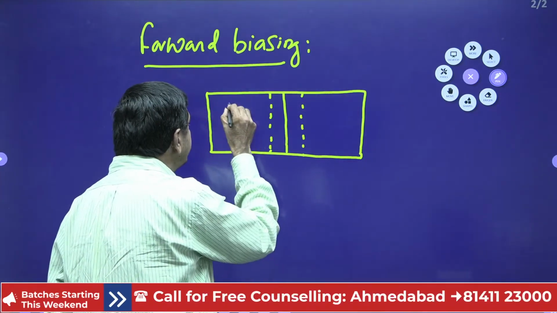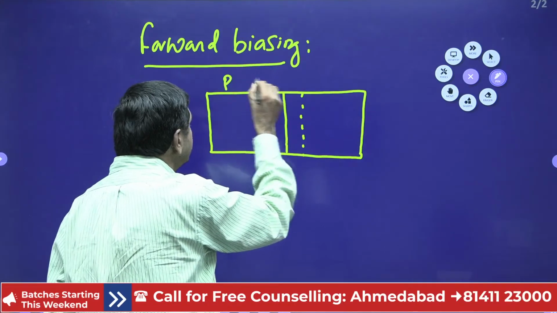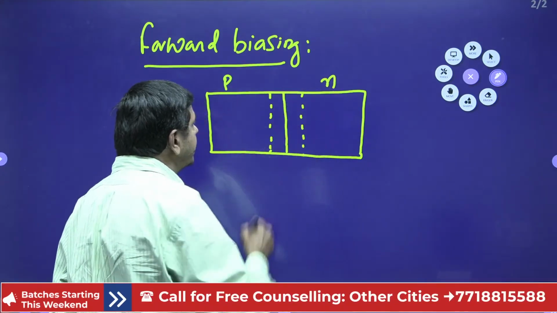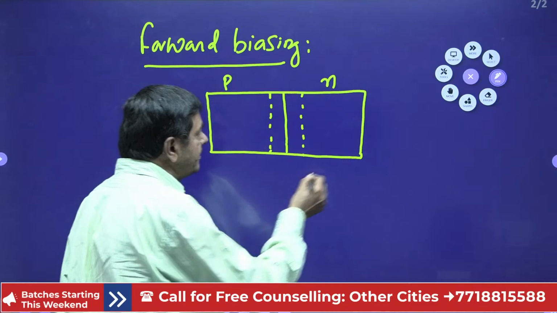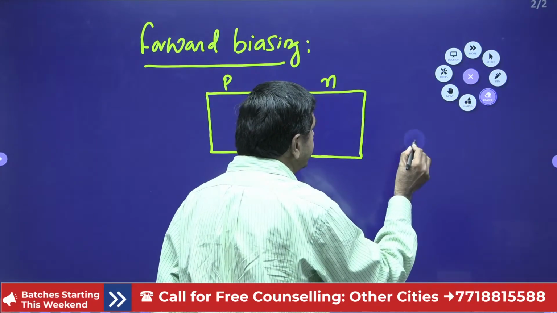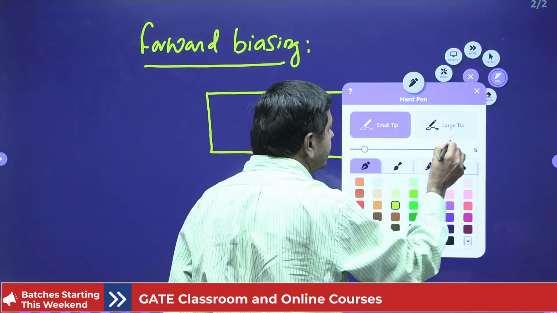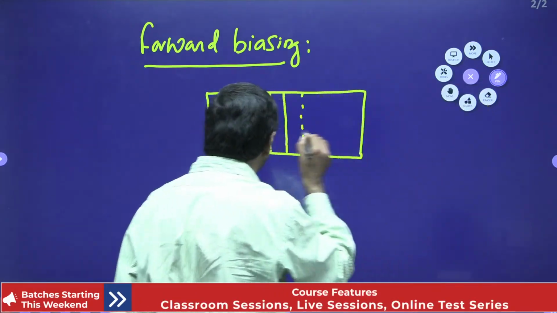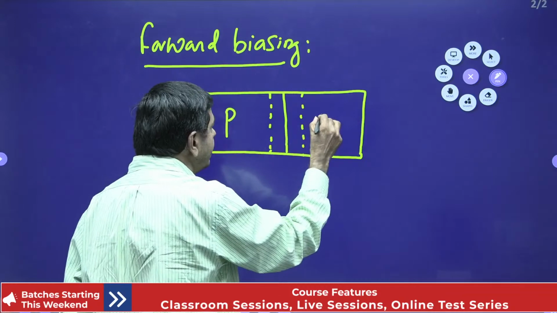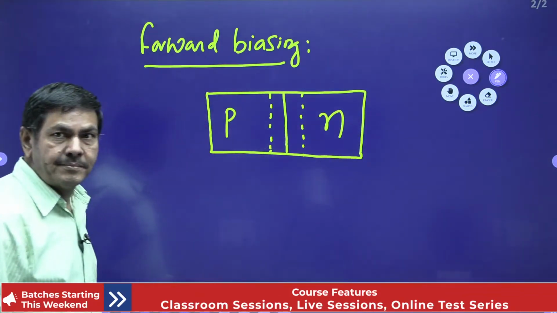This is P-type material, this is N-type material. Even if you put the P and N inside, it is not a mistake.